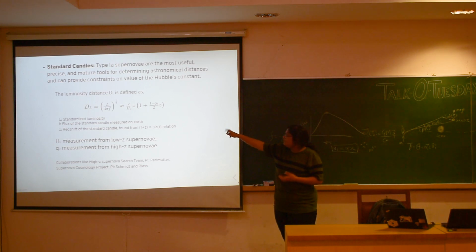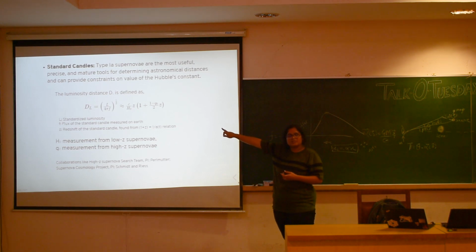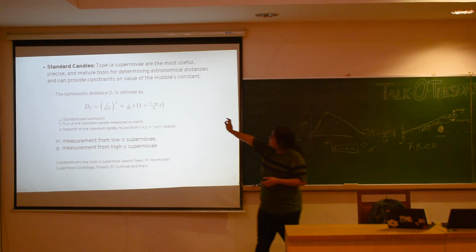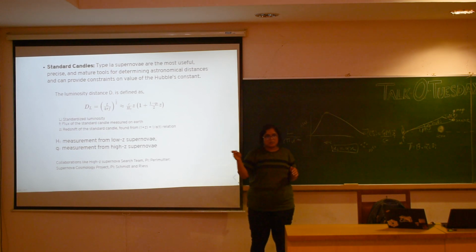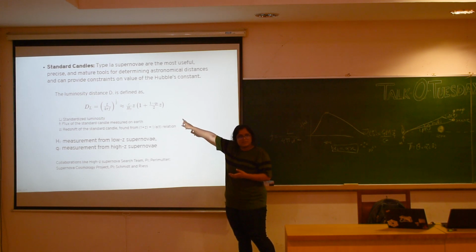But we have much more sophisticated instruments to figure out the distances, and using this relation we can find out Hubble's constant. If we consider high z supernovae, with redshifts greater than 0.5 or 0.7, we have to consider the second term, and if we plug in the known H0 value, we can find out the q0 parameter.